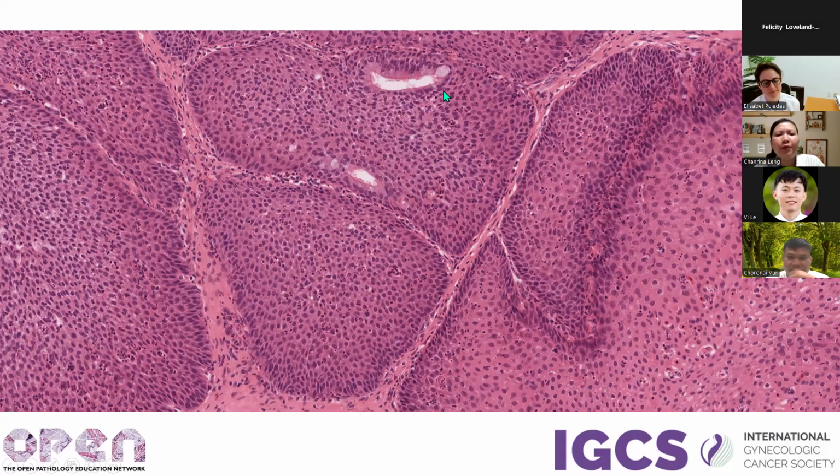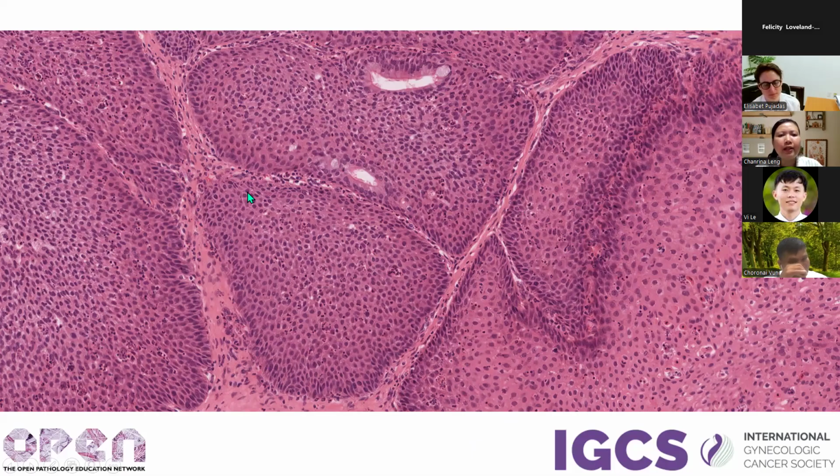We also see respiratory type epithelium in the nest. And there are also many neutrophils forming microabscesses in the tumor as well.